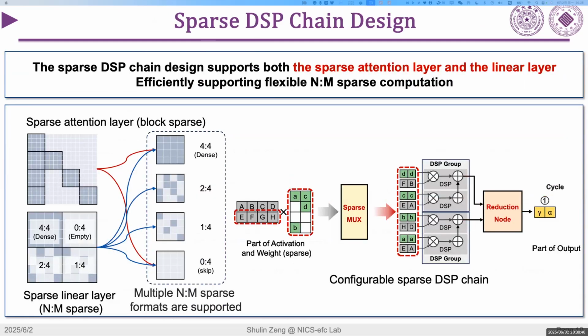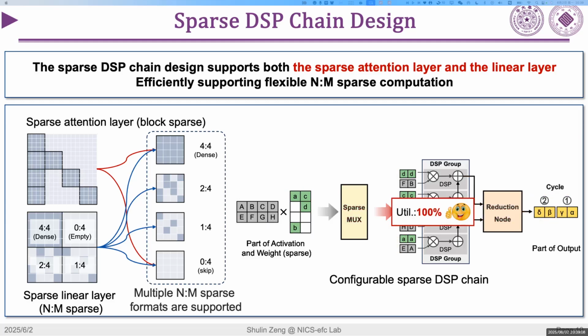And here shows our sparse DSP chain design. To accelerate the end-to-end sparse pattern computation, we design a configurable sparse DSP chain to take advantage of the end-to-end sparsity characteristic. For high DSP utilization, we add sparse muxes to filter out zero-element multiplications.